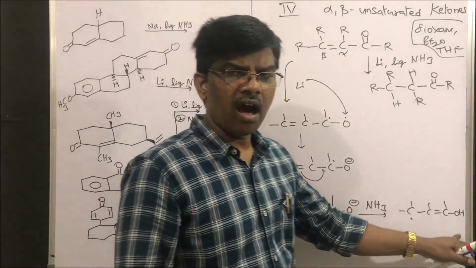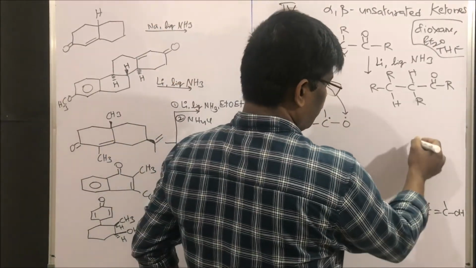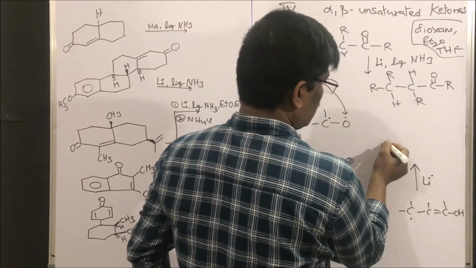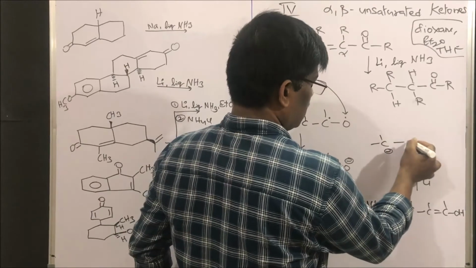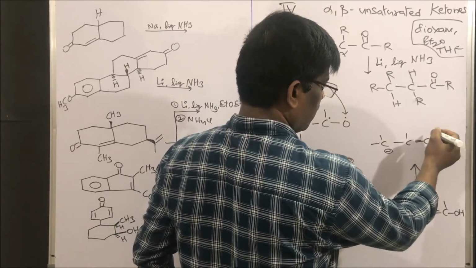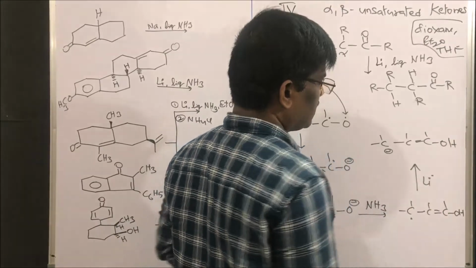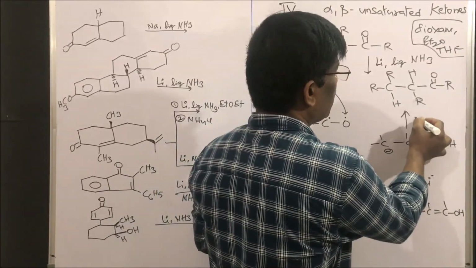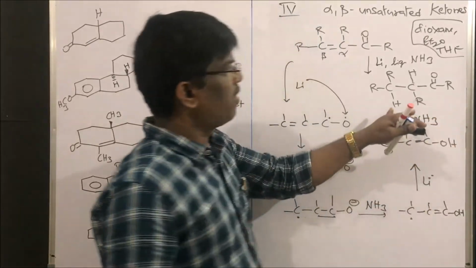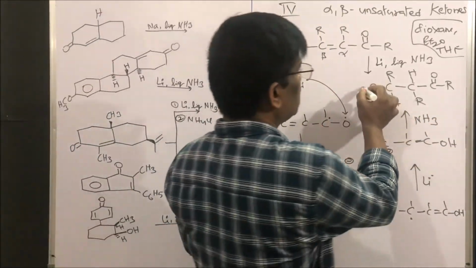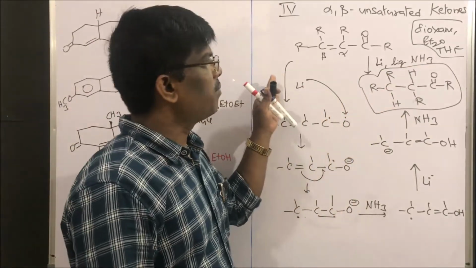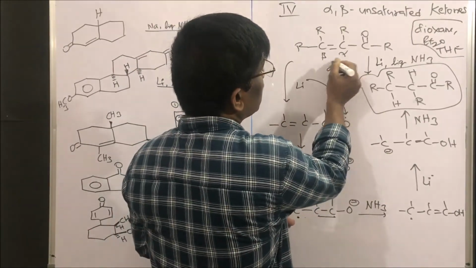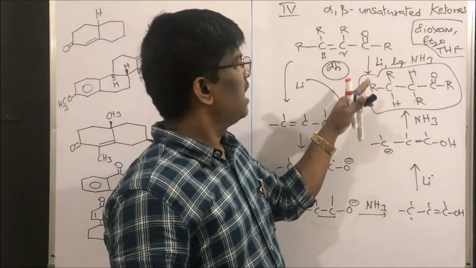This is enol. I am getting enol, which further takes up radical from lithium to give anion, C double bond C and OH. So this is the enol and anion. This anion takes up proton from ammonia to give our reduced compound. This is the compound. Alpha beta unsaturated ketones undergo reduction of the double bond. Double bond reduction takes place under Birch reduction conditions.